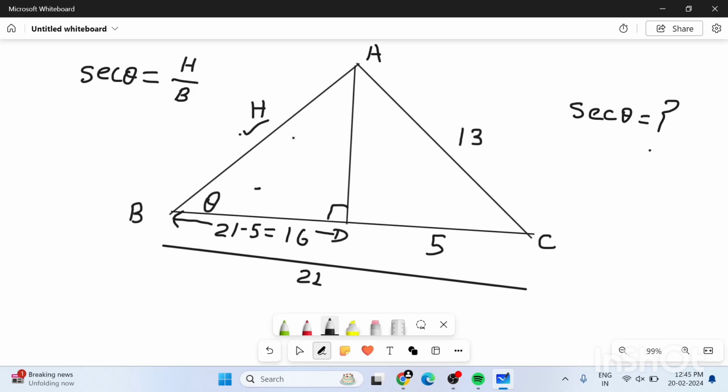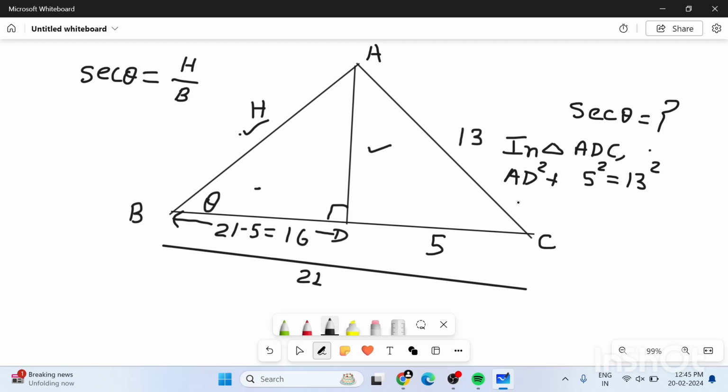Now the question is about the hypotenuse. The hypotenuse is not given, so we can take help from this triangle. In this triangle, using the Pythagoras theorem in triangle ADC, here you can find AD square plus 5 square is equal to 13 square.